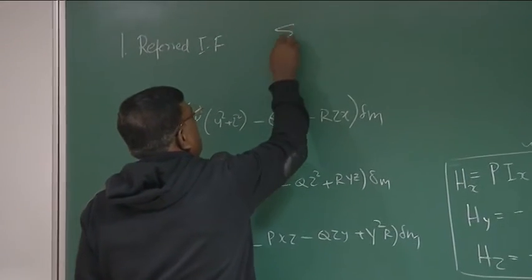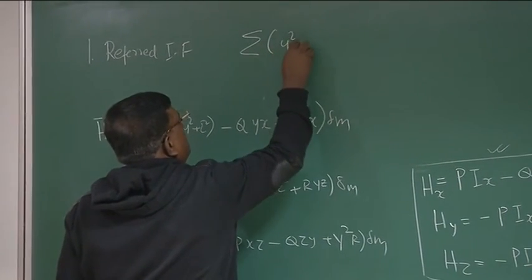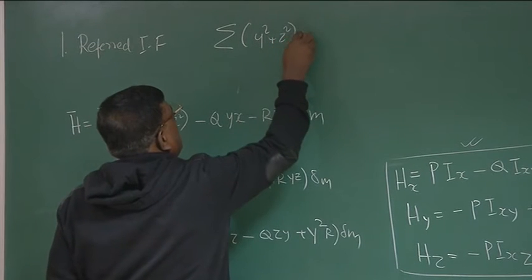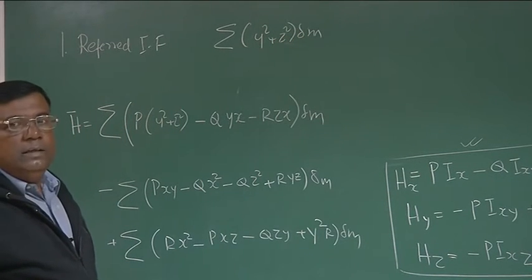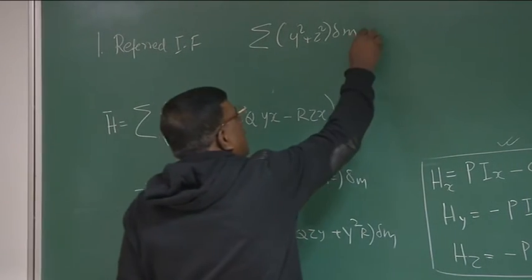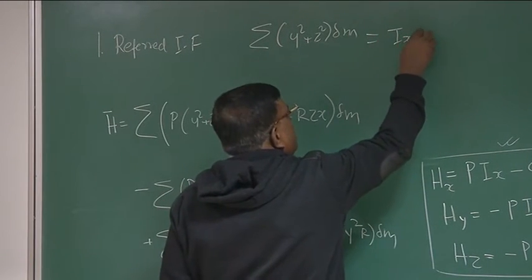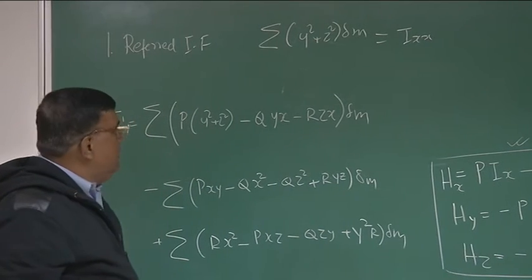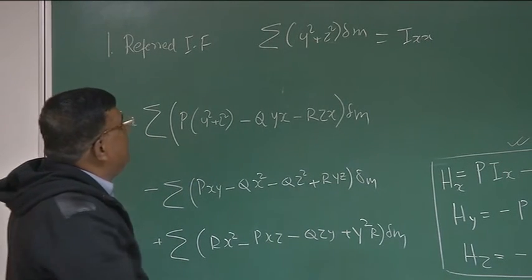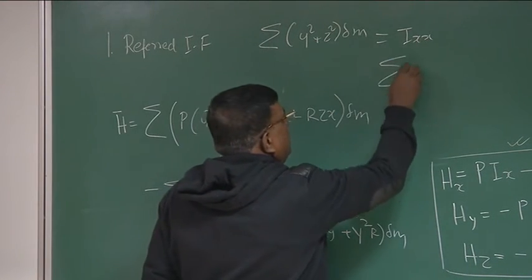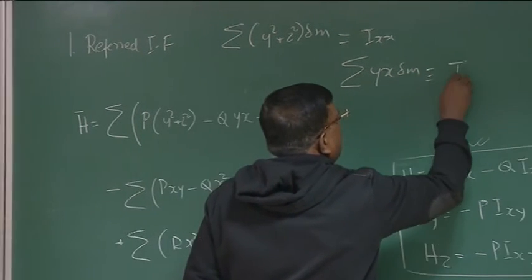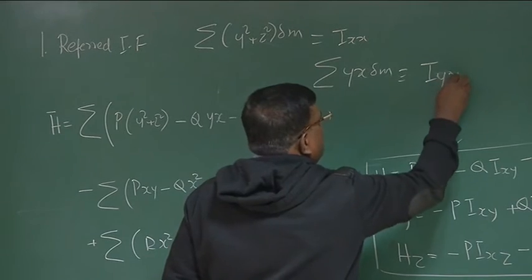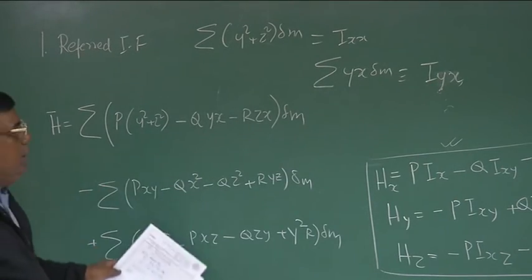What is summation of y square plus z square dm? You all know it is nothing but Ixx. Similarly, summation of yx dm is the cross moment of inertia Iyx. So accordingly you can develop.